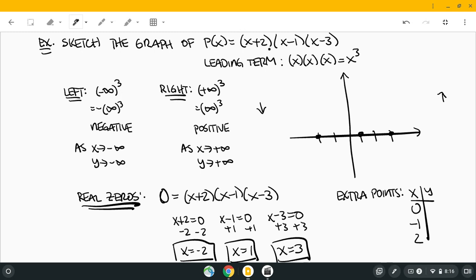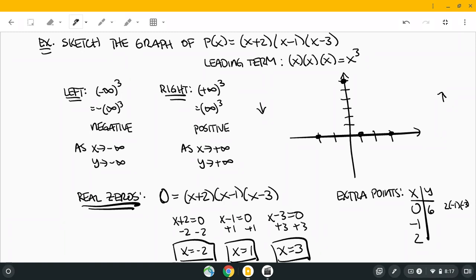Okay, so when x is 0, we get 2 times negative 1 times negative 3. That becomes 6. So we have a point at 0, 6. 0, 1, 2, 3, 4, 5, 6.